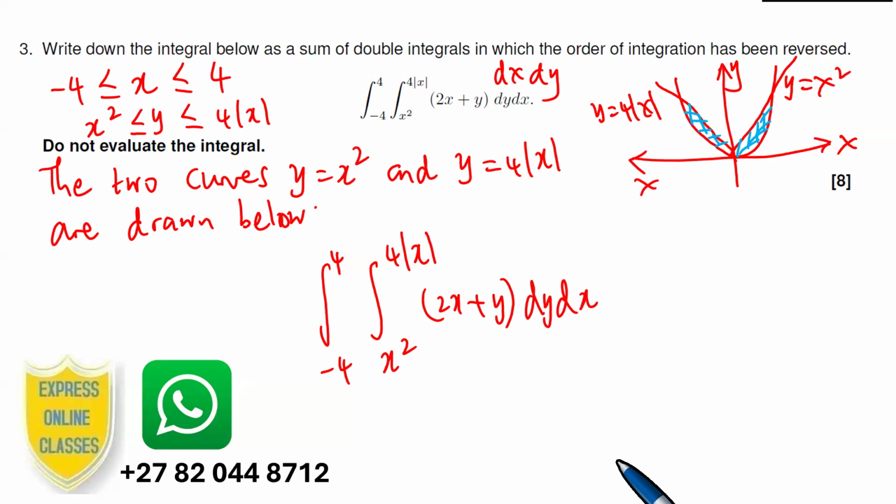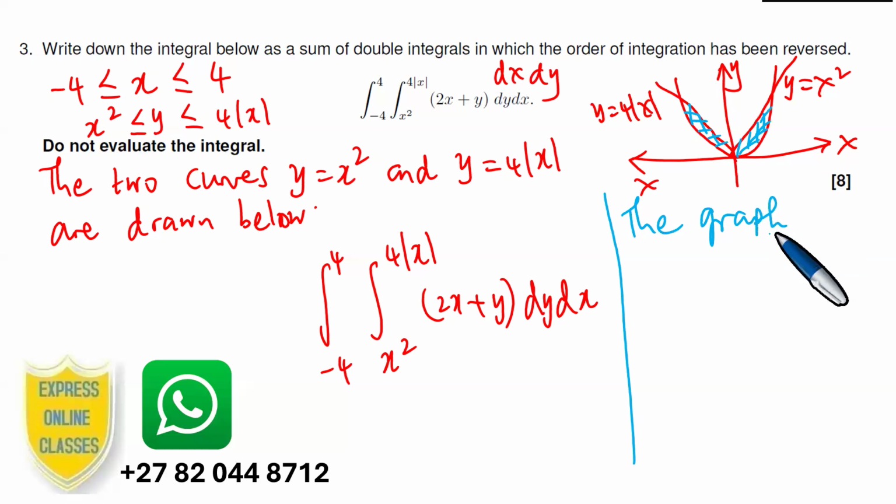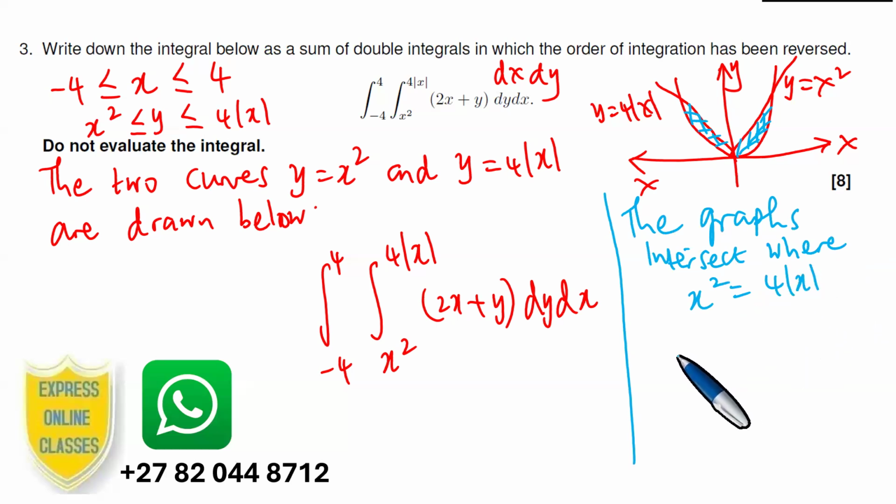But also, it becomes very important to be in a position to find the points of intersection. So we note that the graphs intersect where x squared is 4 times the modulus of x. This means that x squared minus 4 times this equals 0.